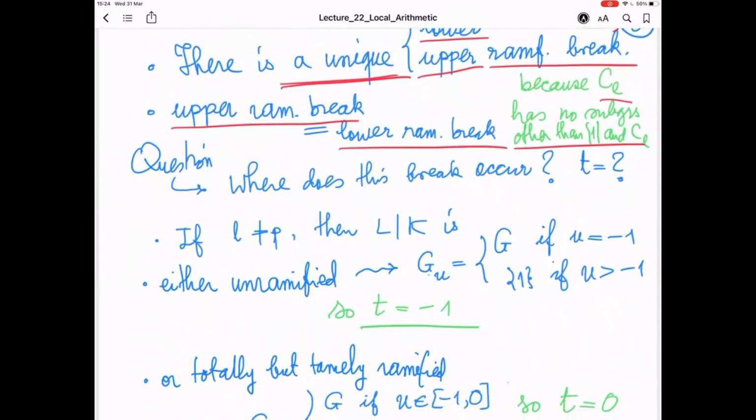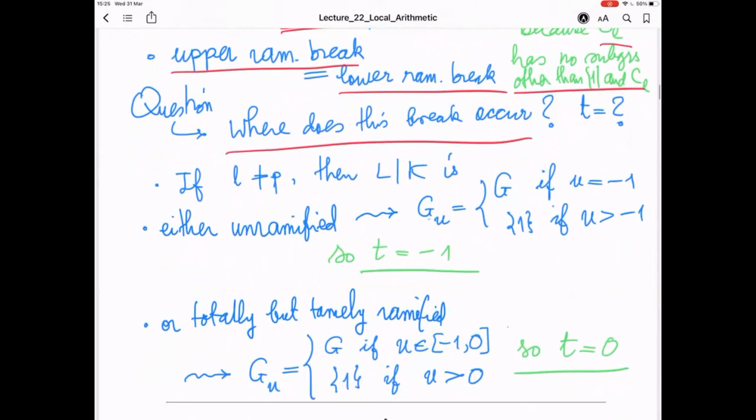So the question is, since a cyclic extension of prime degree has a unique ramification break, we might ask, where does this break occur? Can you say something about where the break occurs? Let me call it T, and then the question becomes, what is T?